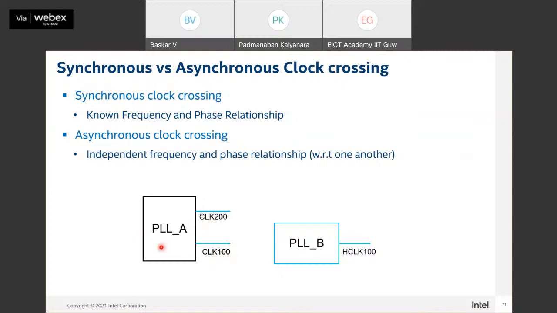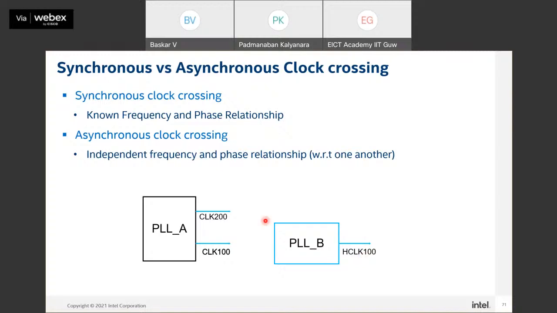Now, these PLLs are the source of clocks. Let us assume in your design we have one PLL called PLLA and another PLL called PLLB. PLLB generates one clock which is again a frequency of 100 megahertz, and that is called H clock.